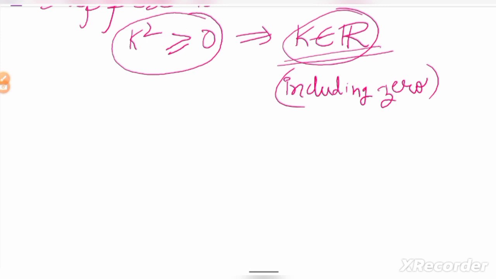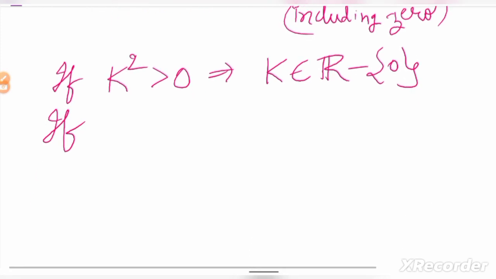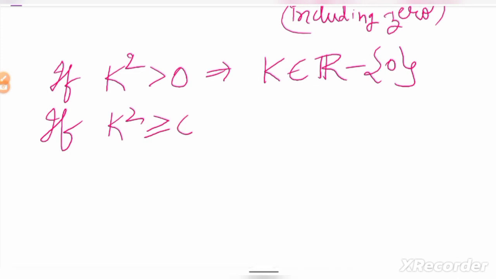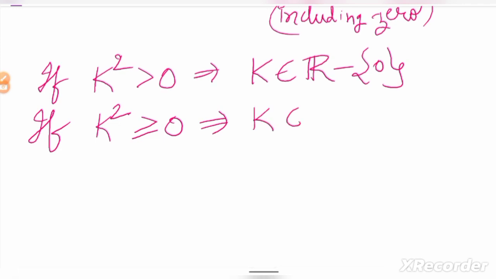So if k square is greater than 0, then we can tell that k belongs to R minus 0, and if k square is given as greater than or equal to 0, then k belongs to all real numbers.